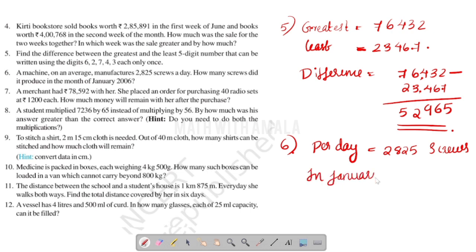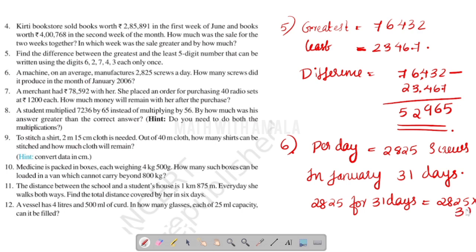In January, 31 days are there. So we have to calculate the total, 2,825 into 31. Hence the answer is 87,575.